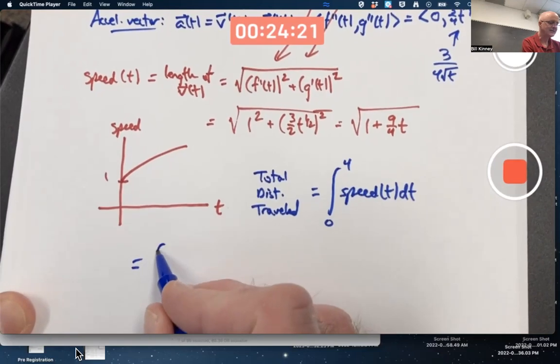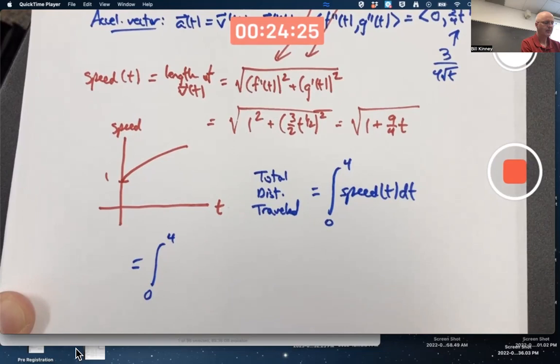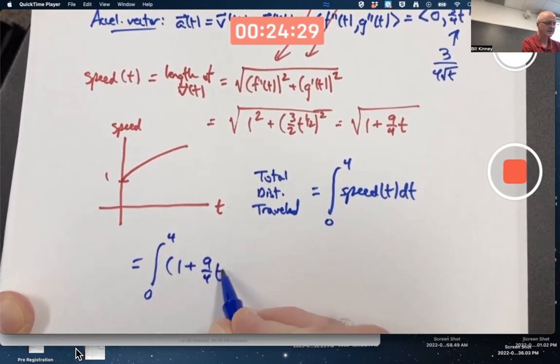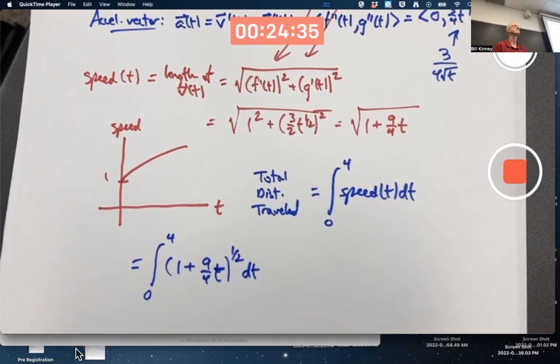Could you do it? Yes, but it is a little tricky. I'm about to use the fundamental theorem of calculus to try to do that integral there. But it's tricky because this integrand function, this speed function, well, what's an antiderivative of it? It's not so clear.